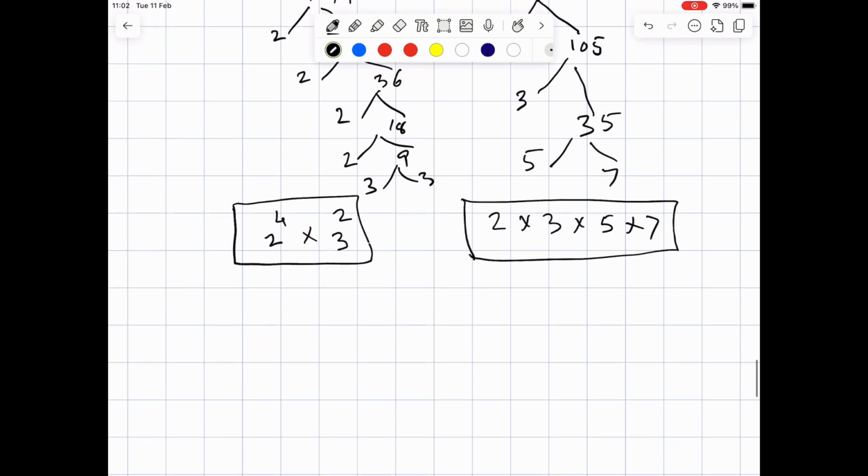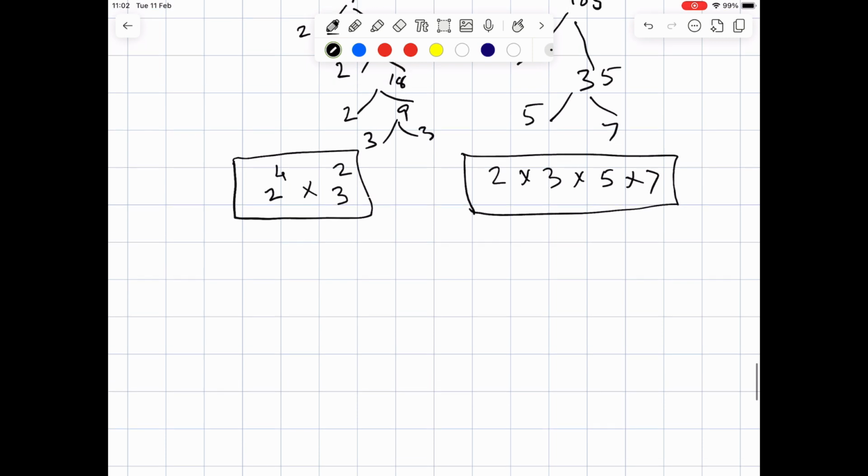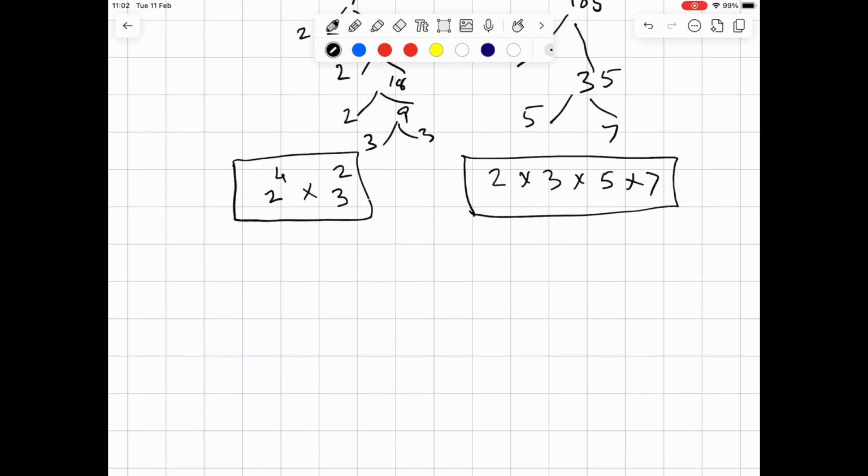So first we find the common factors in both of them. If you look, there's a 2 in both of them, and a 3 in both of them. So 2 and 3 are in the common box.